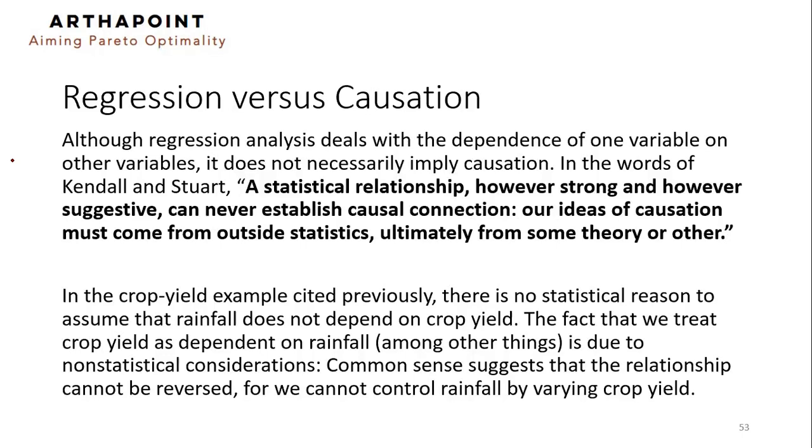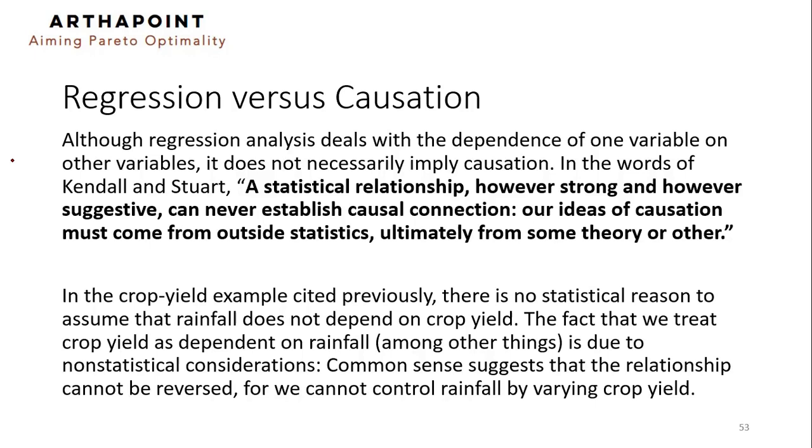Okay, one last thing which a lot of people get confused about before we go to the mathematical parts of it is regression versus causation. See, as the word suggests, causation is if something causes something. Regression is more of a mathematical relationship.